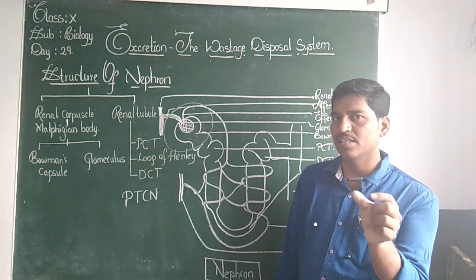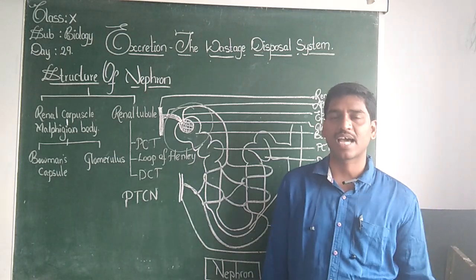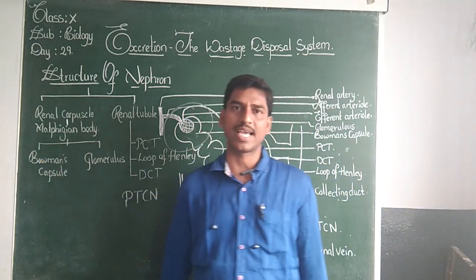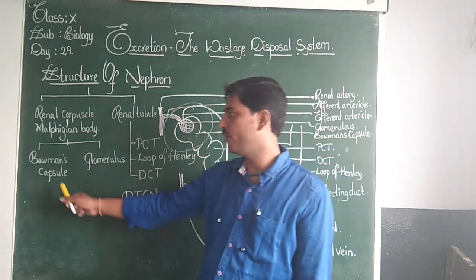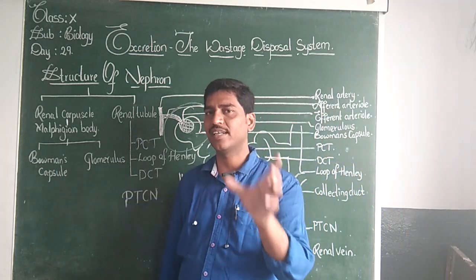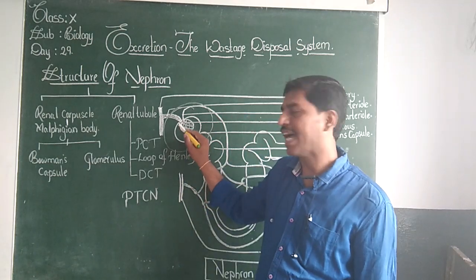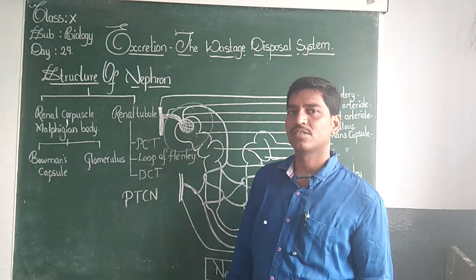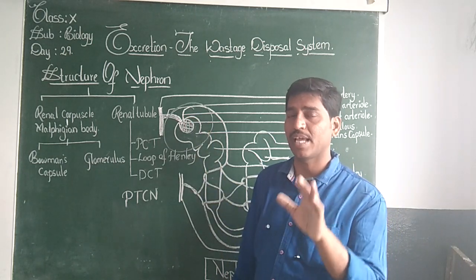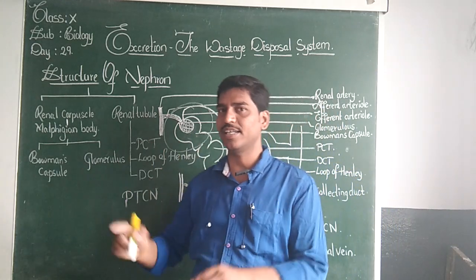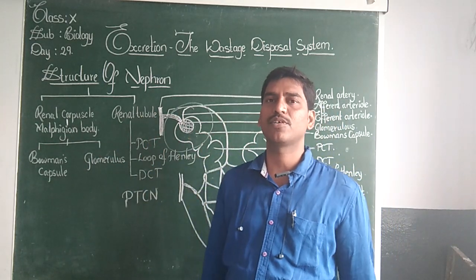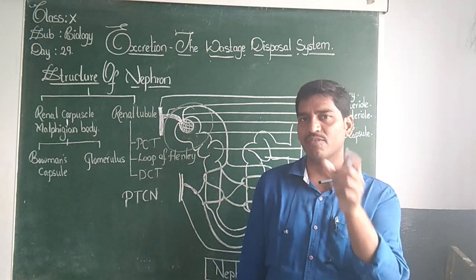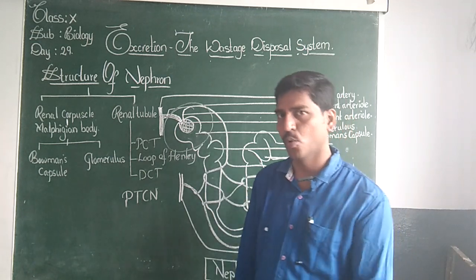In between these cells there are certain spaces, certain pores. This is what we are speaking about in the Bowman's capsule: a blind cup-shaped structure with an inlet and an outlet. The inner surface is made up of single epithelial cells, just like capillaries. You can recall that capillaries are also made up of single-layered epithelial cells, and in between these cells there are certain gaps or pores.